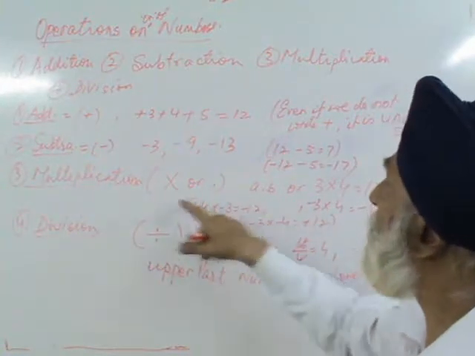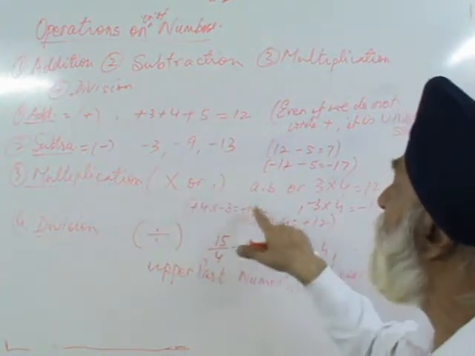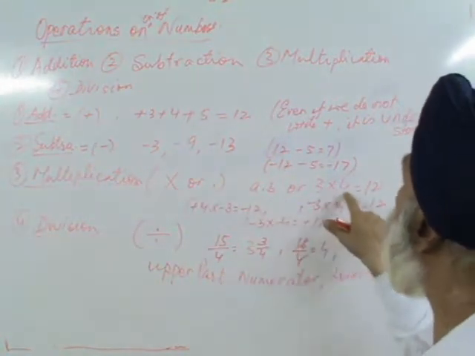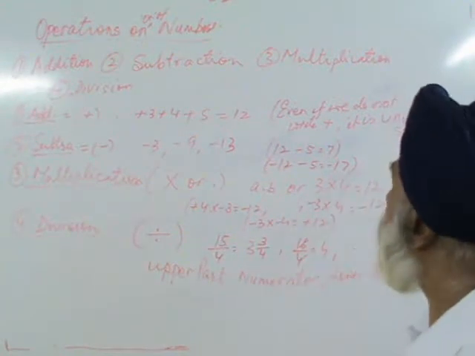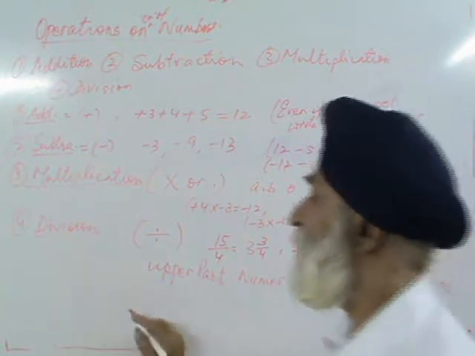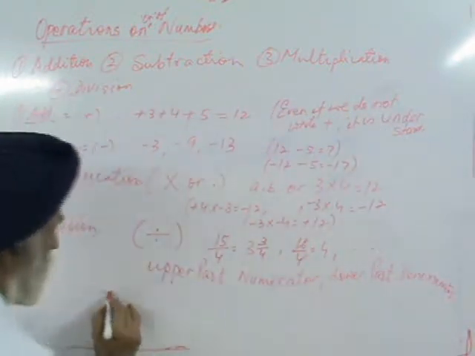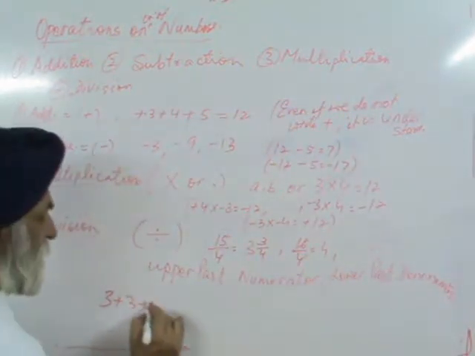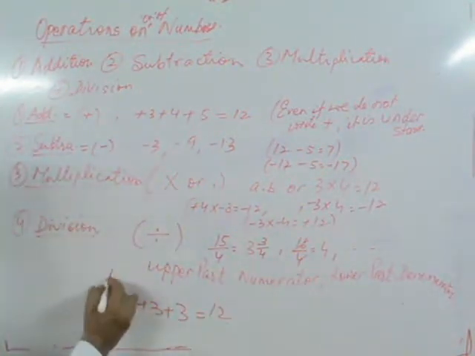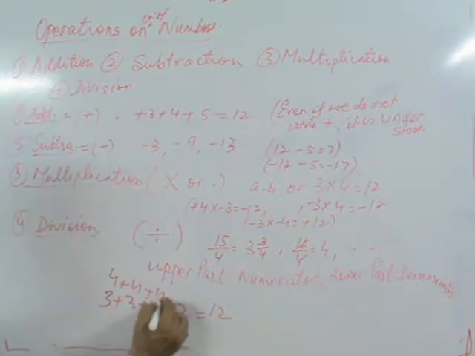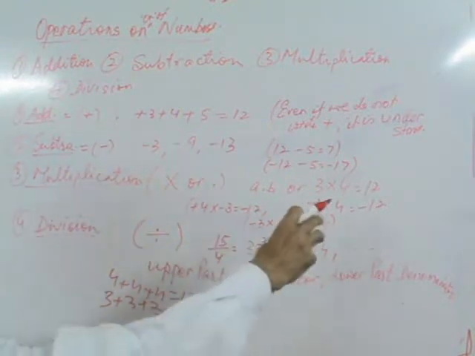It can be written as a cross or a dot, A dot B, or 3 into 4, which means 3 fours are 12. Or you can understand it this way: 3 is added 4 times, 3 plus 3 plus 3 plus 3, that becomes 12. Or we can say 4 is added 3 times. So that shows the multiplication.